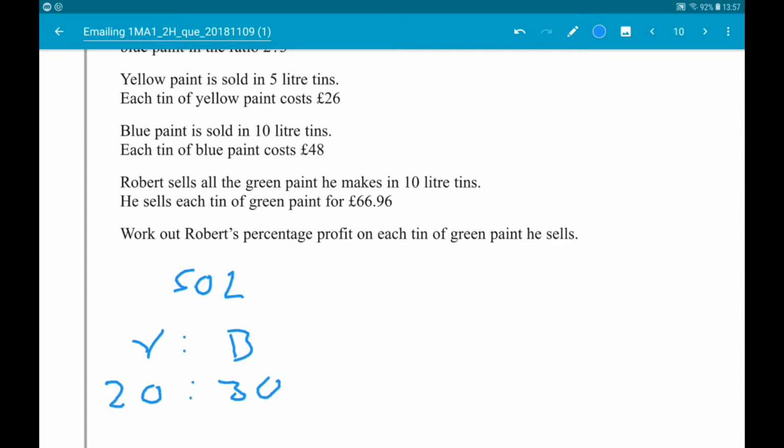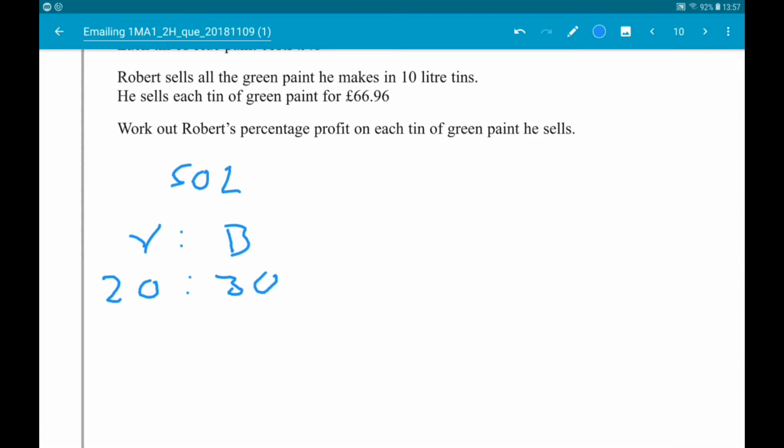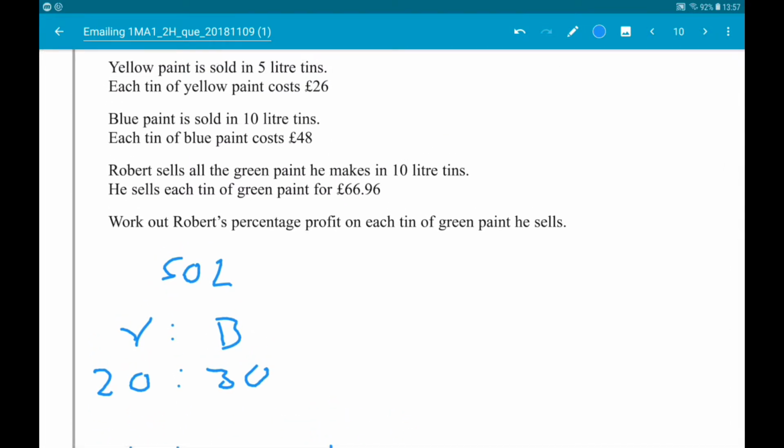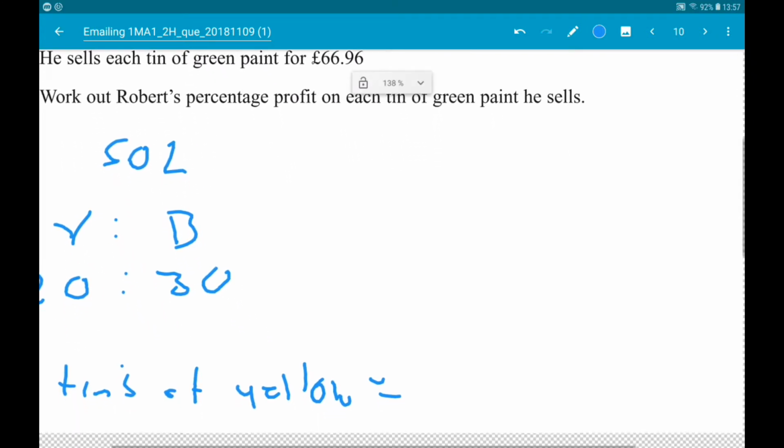Okay, so let's work out how much he spends on paint first of all. So we're going to need 4 tins of yellow, so that's 4 times £26, that's £104.